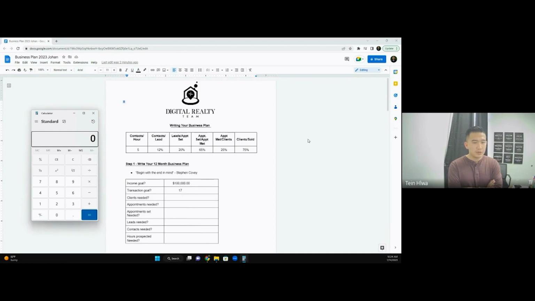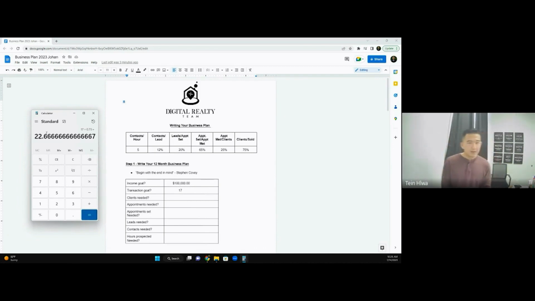So what you're going to do now, we know you need to hit 17 transactions. So type in 17. You're going to go ahead, divide, because we know not everything's going to close. So you need to divide by 75. Type in 75 because 75% is going to sell. Hit the percent sign on your calculator and hit equal.